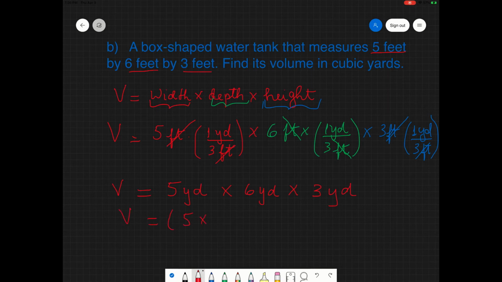So doing the computation, we have to multiply 5 times 6 times 3, and yard is going to be cubed because we have yard multiplying itself three times. So cubic yard. So the answer is 90 cubic yards. So the water tank has a volume of 90 cubic yards.